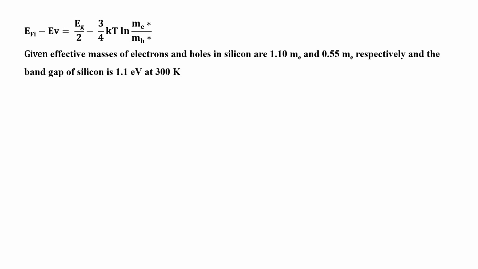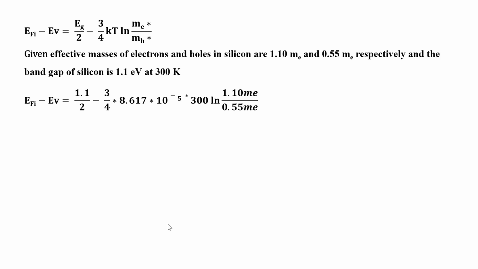The effective masses of electrons and holes are given as 1.10 Me and 0.55 Me, and the band gap is also given. While substituting the band gap value, we have 1.1 by 2. The rest of the things we can directly substitute: 3 by 4 k. Since I am substituting in electron volt itself, I am taking 8.617 times 10 to the power minus 5, times 300, which is the temperature, times ln of 1.10 Me by 0.55 Me.